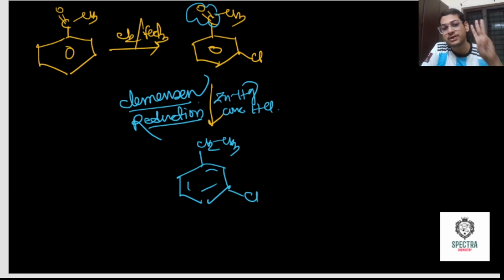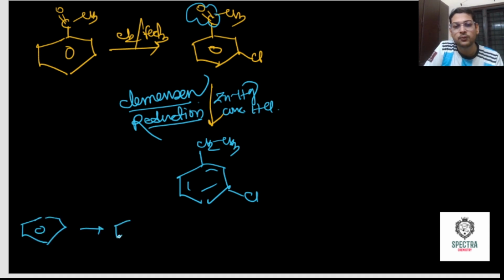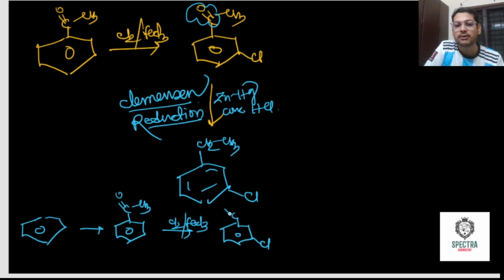So you need 3 steps. First step is that from the benzene ring, you have to make C=O CH3. Then you have to add chlorine, because now your chlorine will be added at the meta position, right? And then you have to change your COCH3 group to the CH2CH3 group.